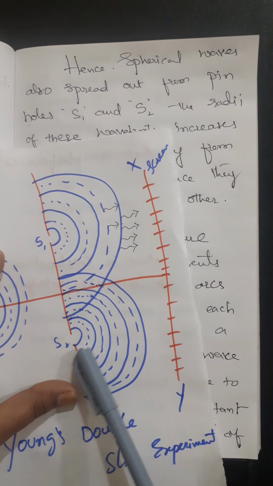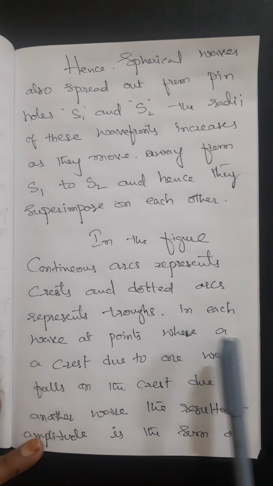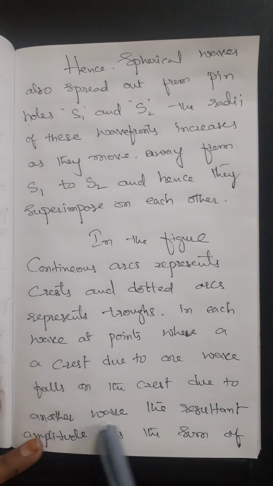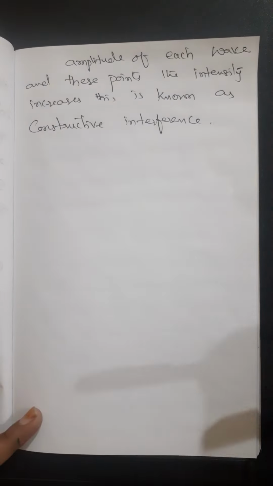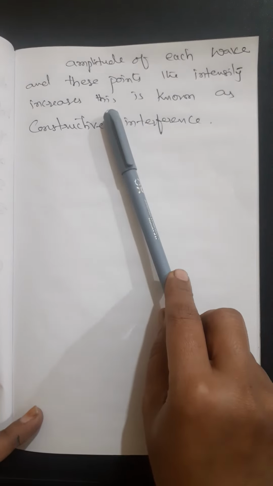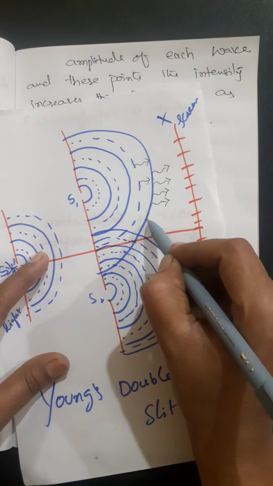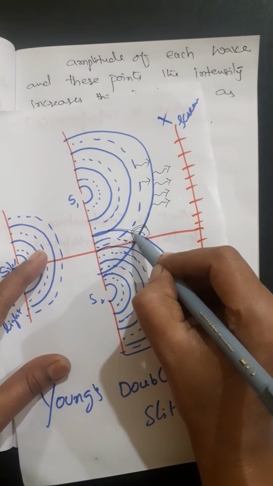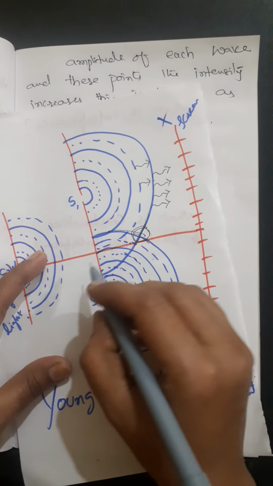In each wave, at points where a crest due to one wave falls on the crest due to the other wave, the resultant amplitude is the sum of the amplitudes of each wave, and as a result at these points the intensity increases, and this is known as the constructive interference. So wherever the crest of one wave falls on the crest of the other wave, constructive interference takes place.